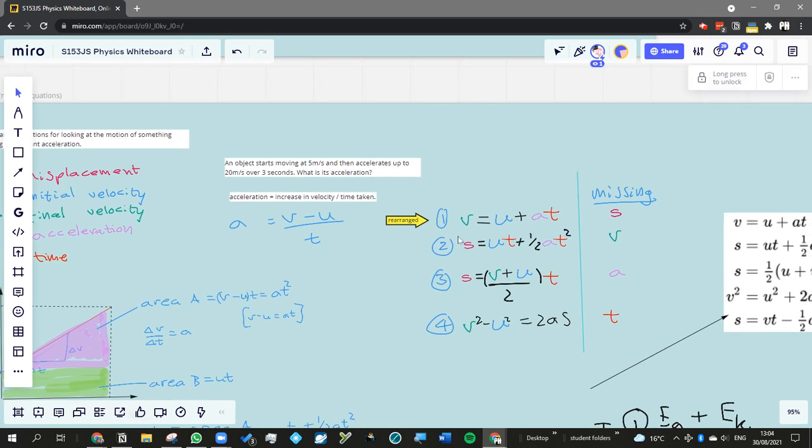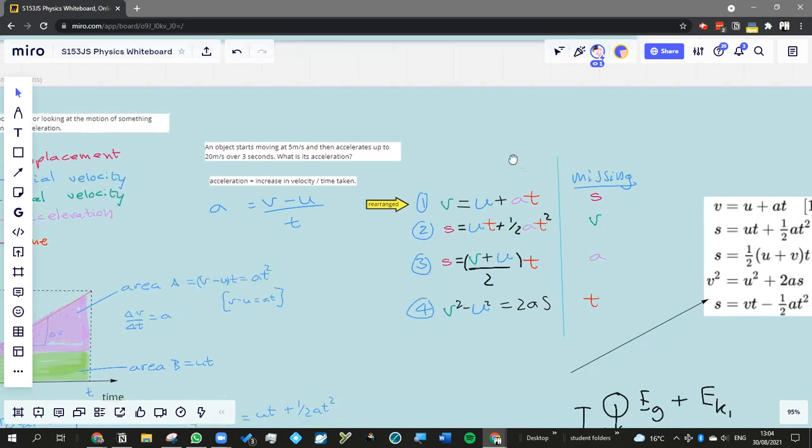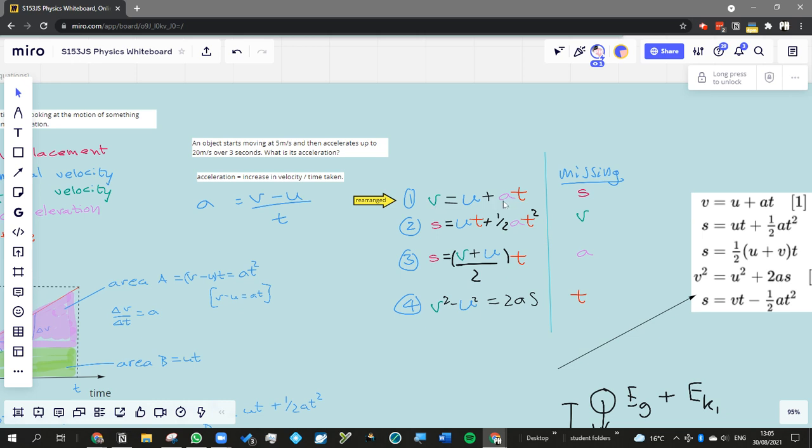Now, by rearranging it, you get it into the form that is usually quoted as the first motion equation in A-level physics. I've color coded them. It looks like I forgot to color code these ones down here, but let's just correct that now.